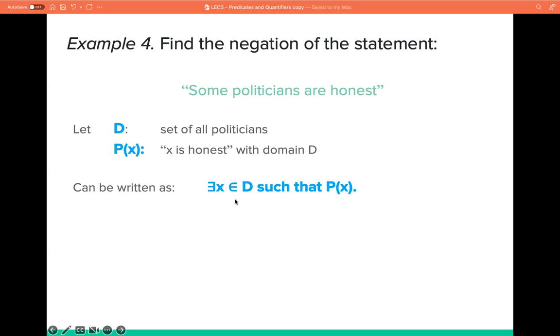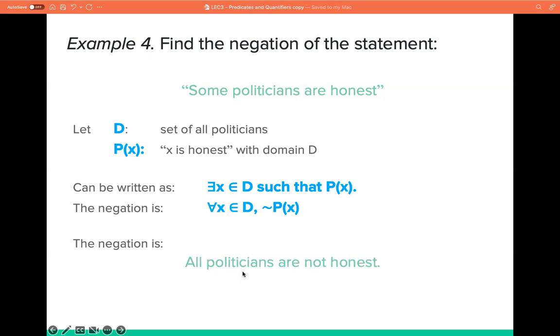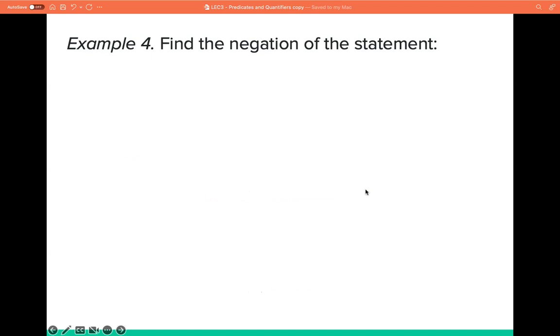Recall that the negation of an existential quantifier is for all x in D, not P of x. In other words, if the existential quantifier refers to some R, the negation is all R not. So the negation of the statement will then be all politicians are not honest, or no politician is honest.